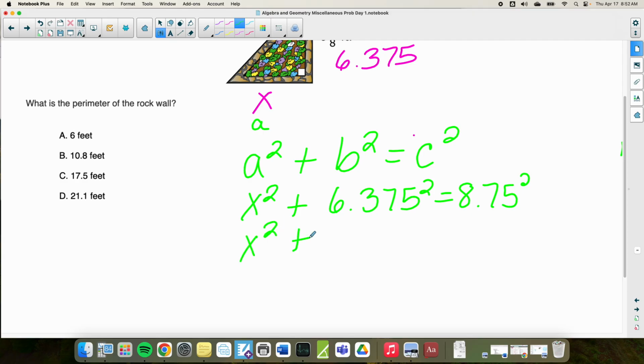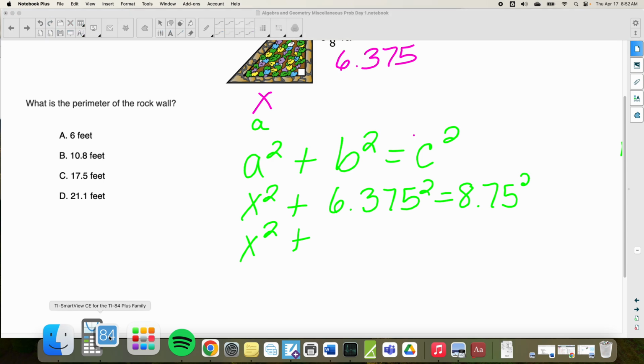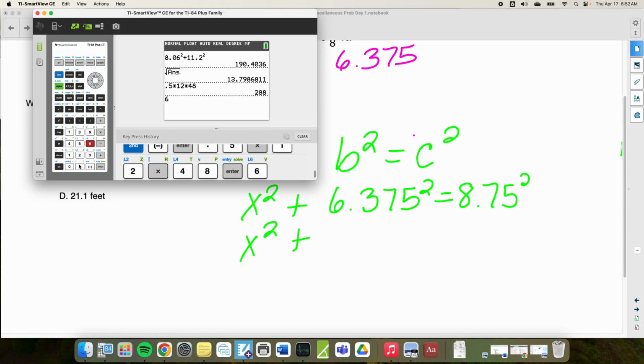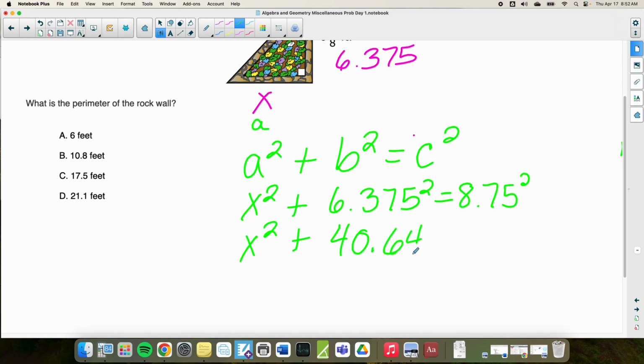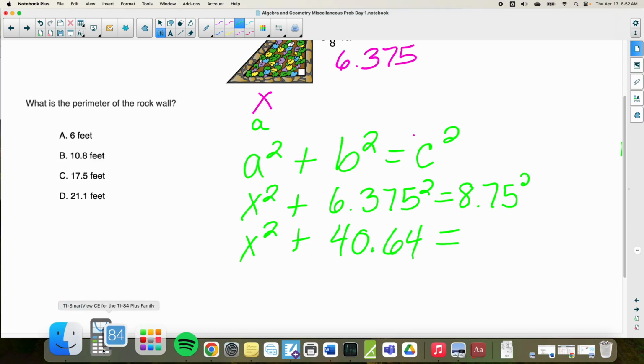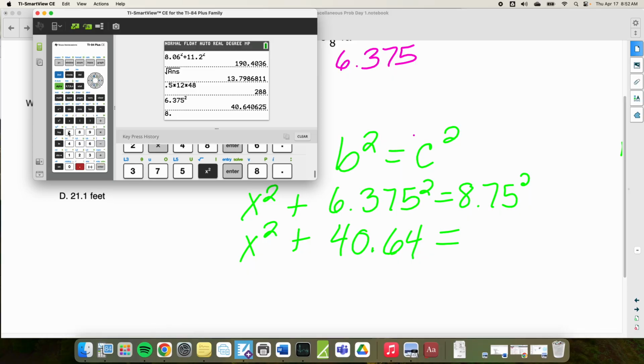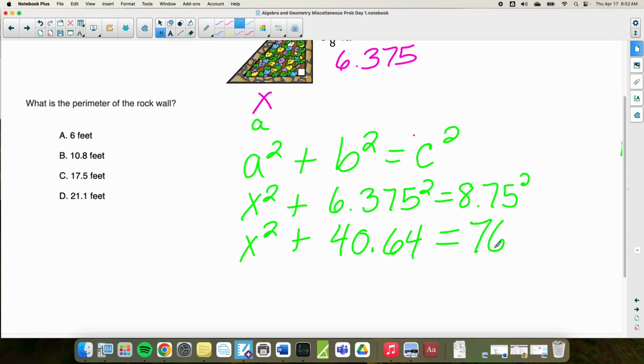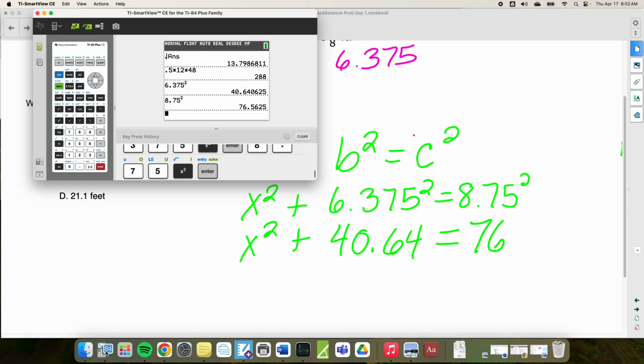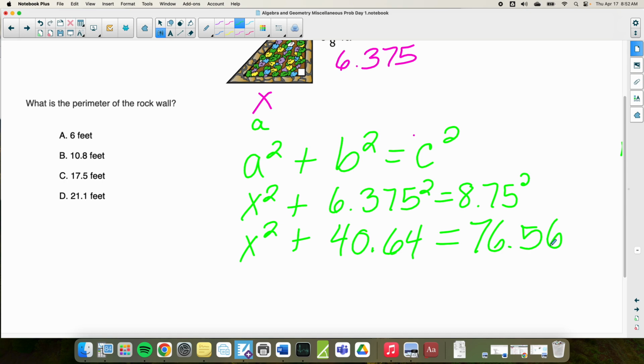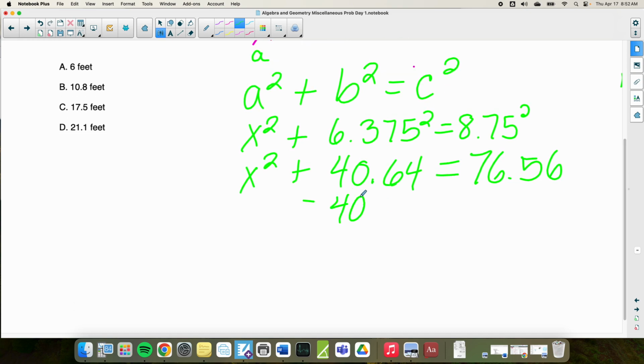Okay, so if I go to my calculator, I can square 6.375 squared, and that is 40.64. And then I can square the 8.75. And you could skip this part and just do this squared minus that squared. That would have been fine. And then taken the square root. So if you know to subtract in that case, you certainly could do that.